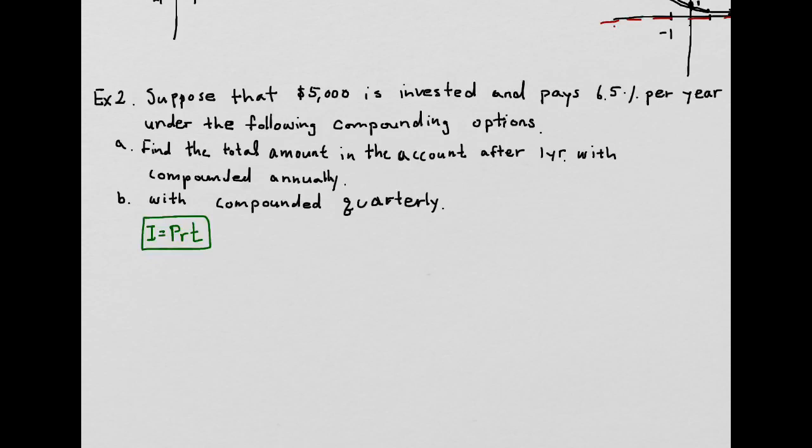We have another interest formula where the amount equals principal times 1 plus rate over n, to the nt exponent. And this is the compound interest formula.